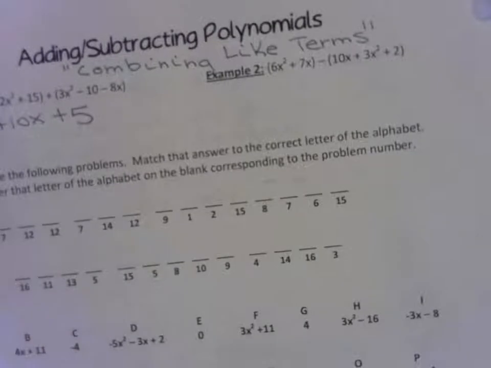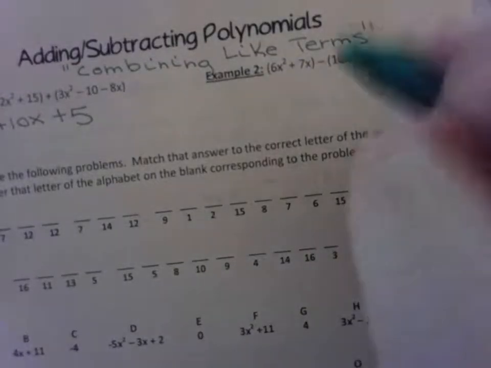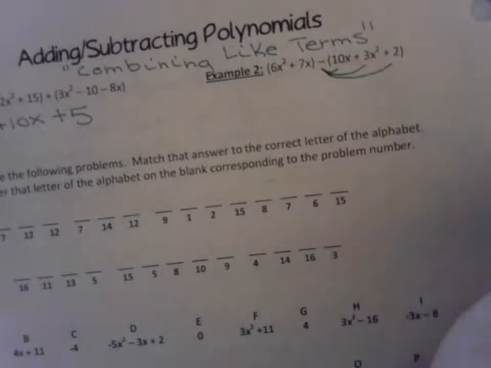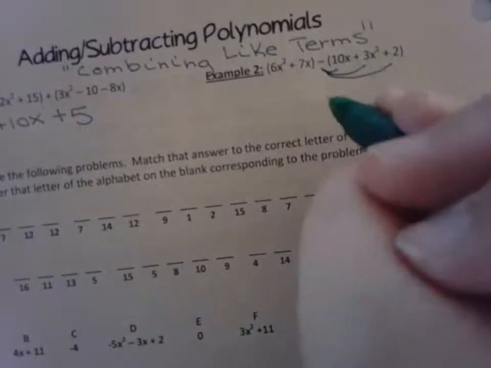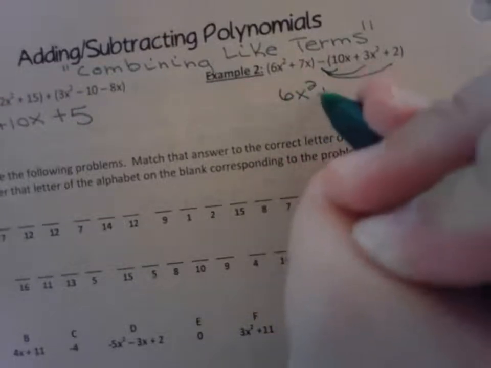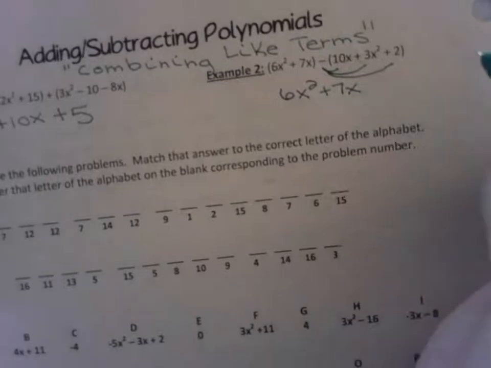Now, if I look at 2, again, you see parentheses, but what is in the middle between them? Minus. We are subtracting. So what I would do first is distribute the negative 1 through. My first parenthesis stays the same, 6x squared plus 7x.